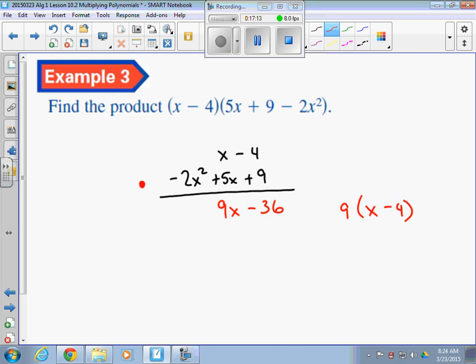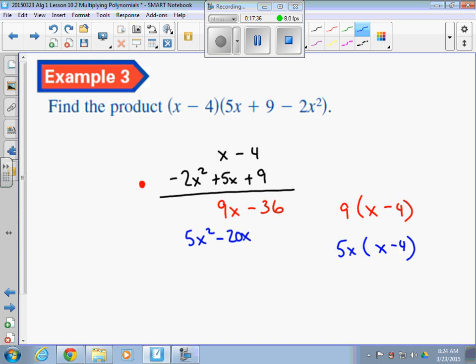For the next one, we're going to make sure to multiply 5x by the binomial at the top, x minus 4. 5x times x is going to be 5x squared, and 5x times negative 4 is minus 20x.